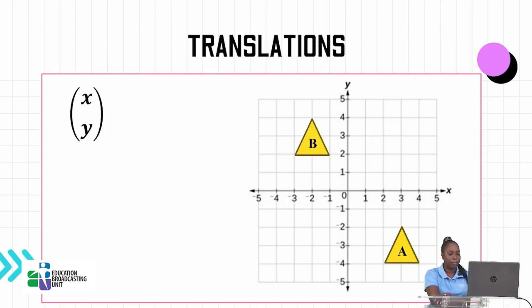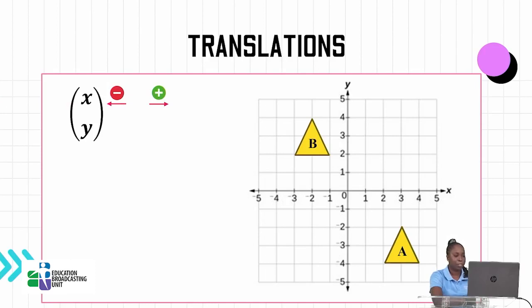The first value is the x value, which tells us how many places left or right. When the value is negative, we move to the left. When the value is positive, we move to the right.